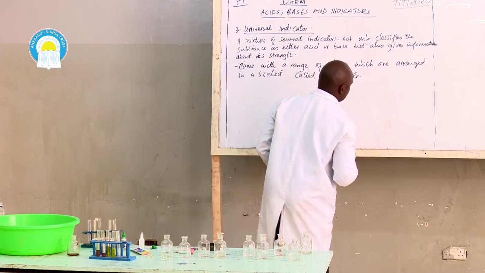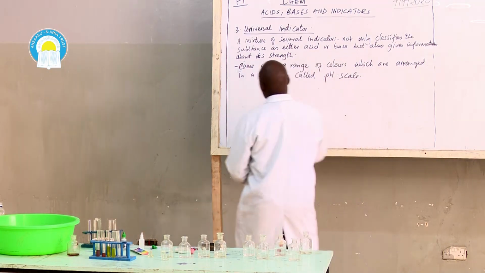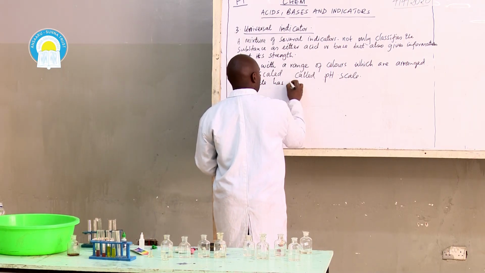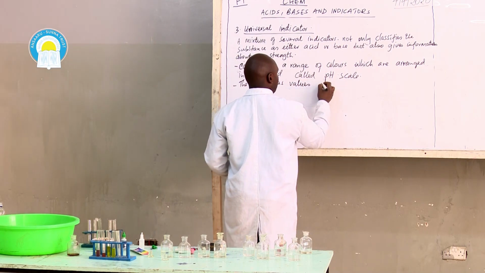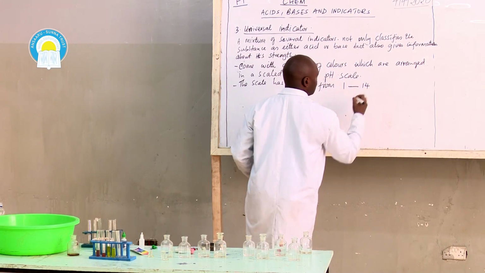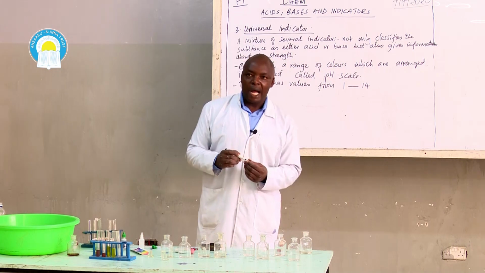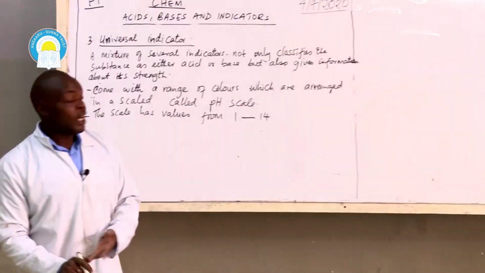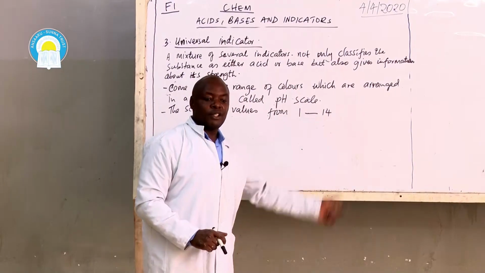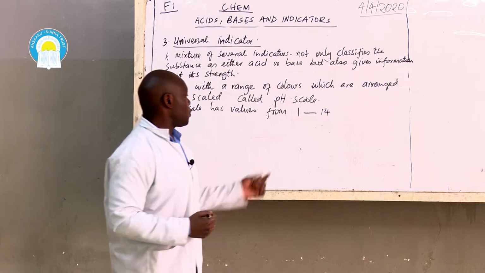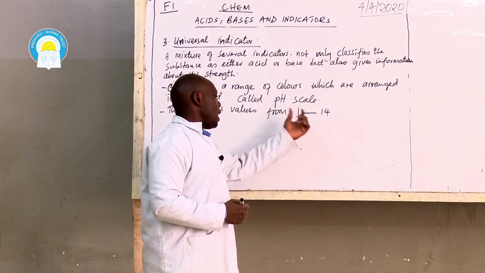The pH scale has values from 1 up to 14. The values from 1 up to 14 are what we refer to as the pH values.